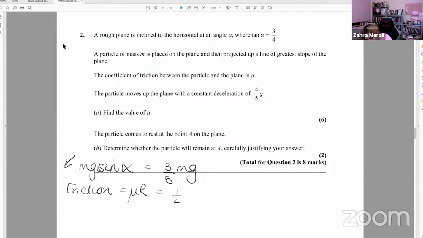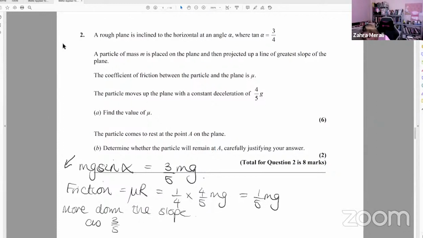So 1/4 times 4/5 mg, which leaves you with 1/5 mg. So the weight going down is more than the friction stopping it. So your conclusion will be it will move down the slope as 3/5 mg is greater than 1/5 mg.